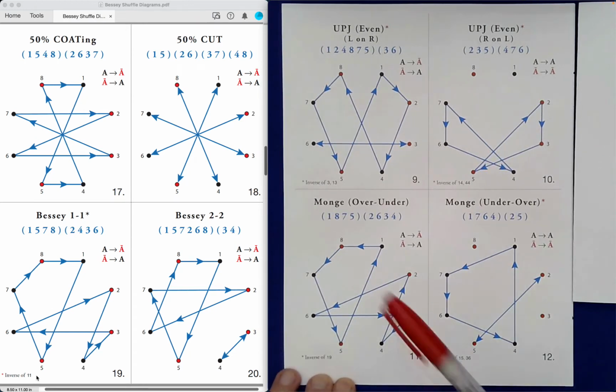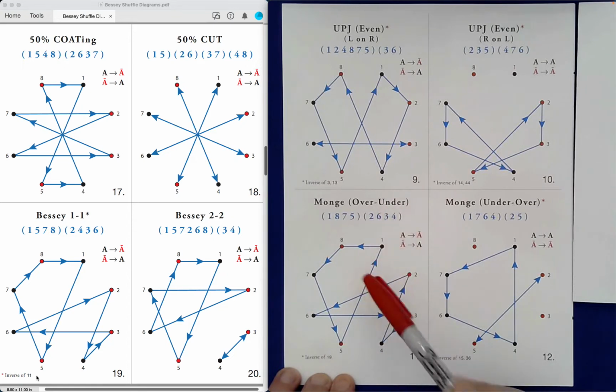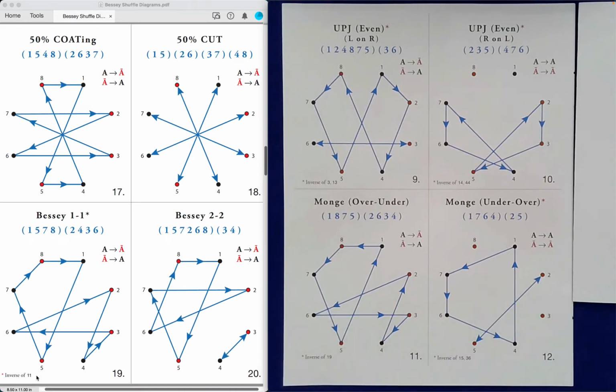So, of course, this will mean that if you perform a mange over under followed by a Bessey 1-1, it returns the packet to its original order. Or if you perform a Bessey 1-1 first, followed by a mange over under, that will also return the packet to its original order. So why don't we go ahead and just illustrate one of those directions here.